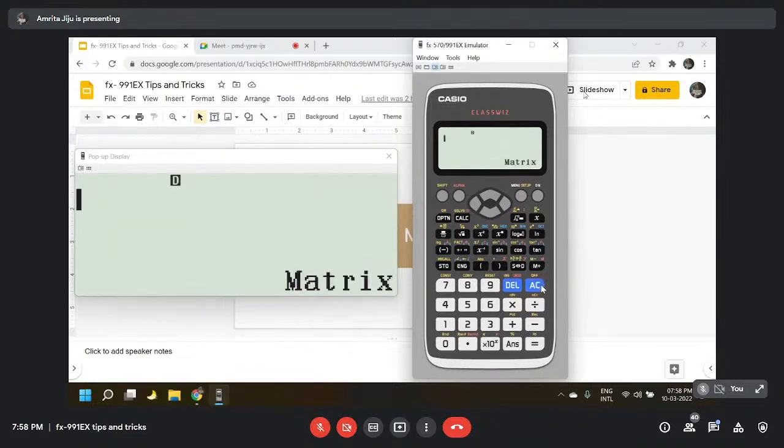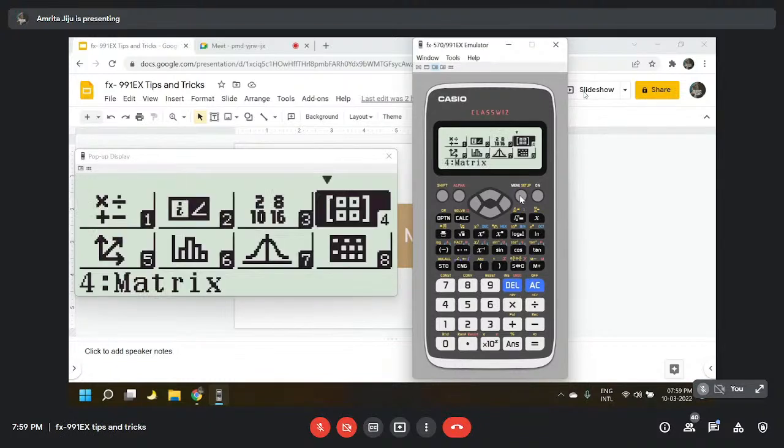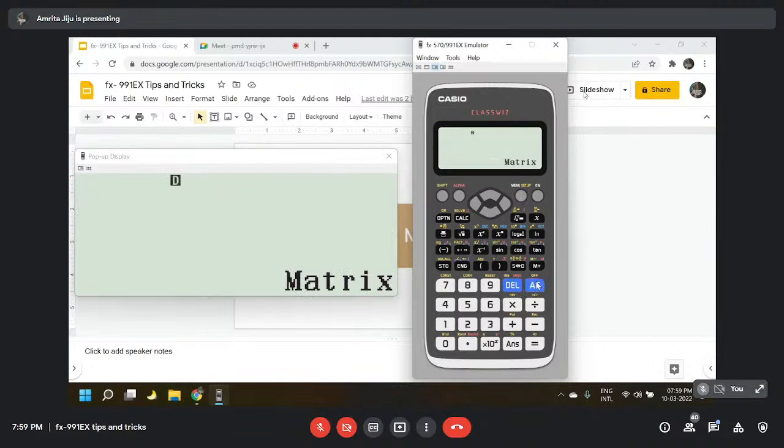With this, I would like to tell you something more important when it comes to matrix operations. You can solve a particular kind of equations using the normal form. If you go back to the normal form, and we want to do row and column operations, where we keep a particular expression, say 3A plus B, and keep solving by substituting values for A and B, you can do that in this calculator.